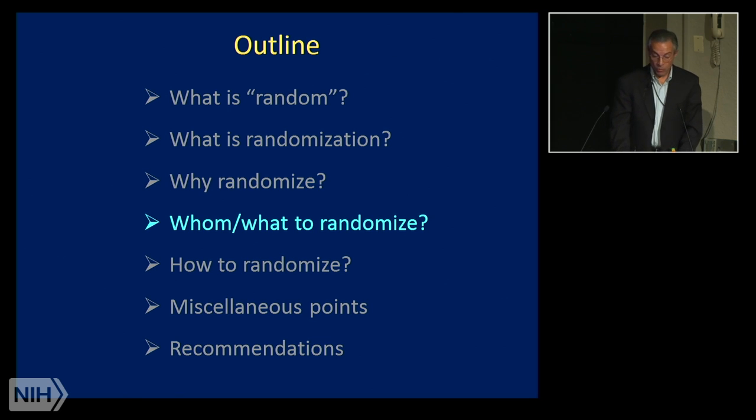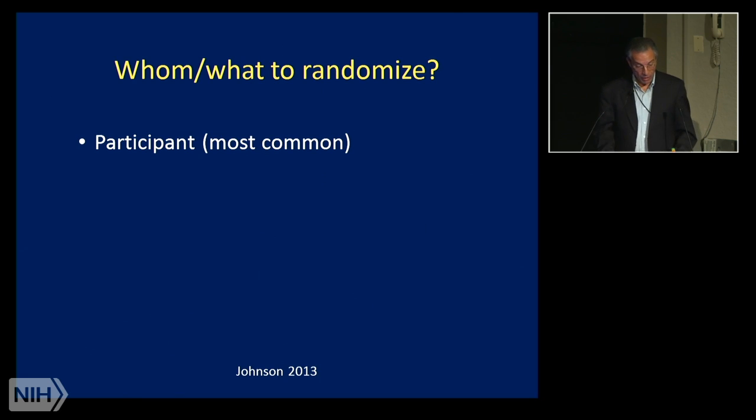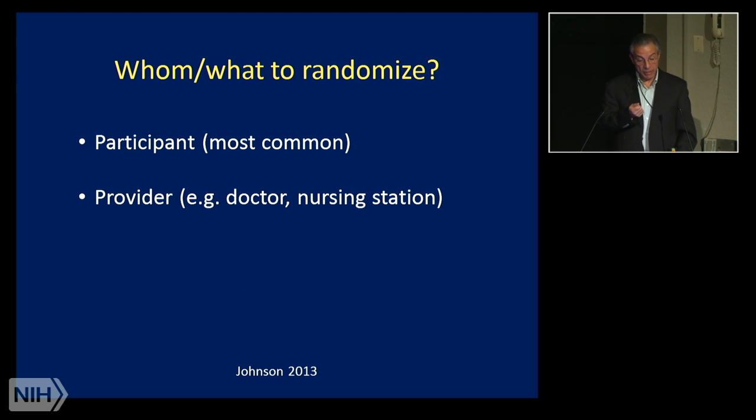So whom or what to randomize? The most common approach is to randomize participants, individuals, people. But you can randomize a doctor. So you randomize the physician with all the patients going to see that physician. So you're randomizing doctors or nursing stations.